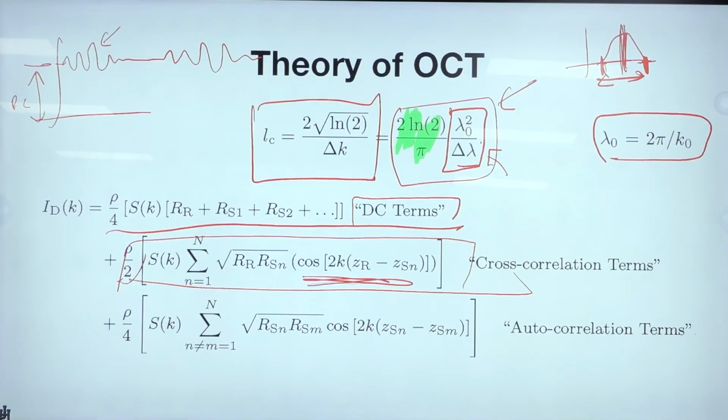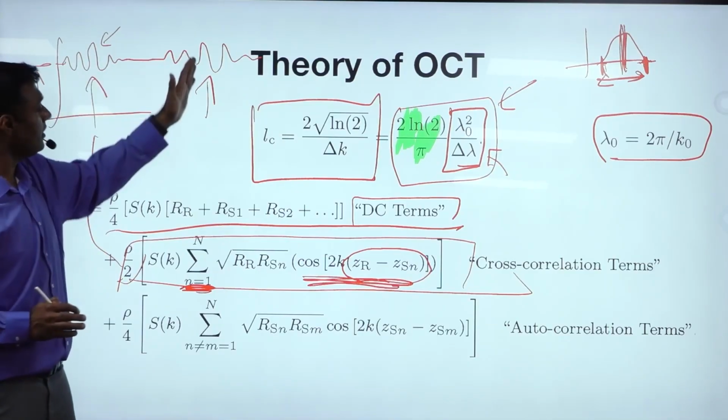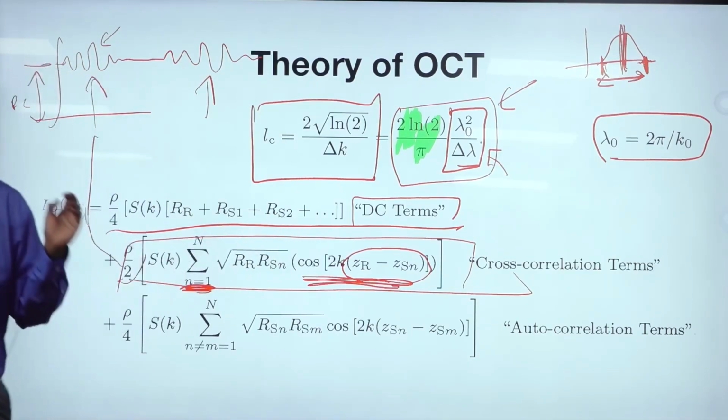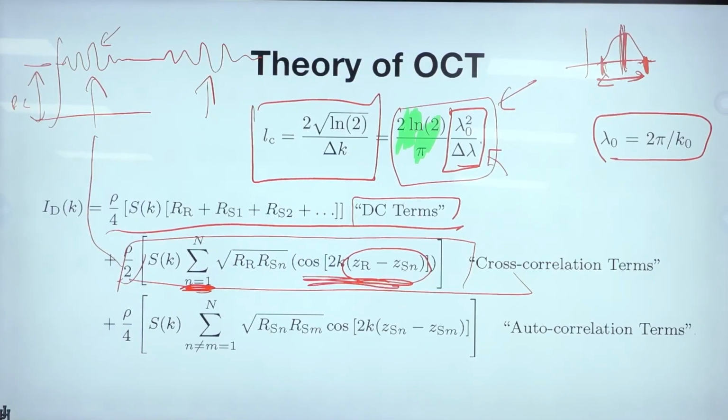This will be a cosine function, which depends on the difference between the reference arm and the sample arm distance. So n equal to 1 will give you this, n equal to 2 will give you this, and so on, n equal to 3 will be another one. Each of these bumps will correspond to one of the terms in this function. The other terms are small, and these are the autocorrelation terms, which are typically ignored as it's a reasonable approximation that they're small.